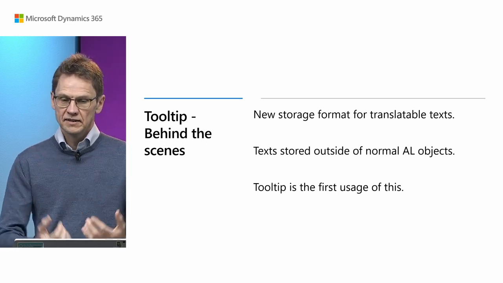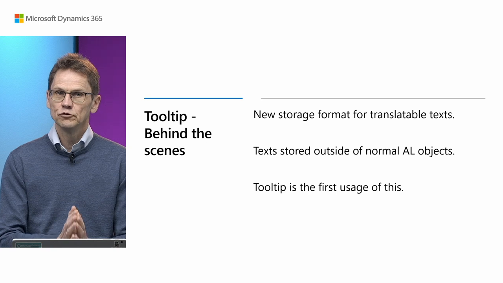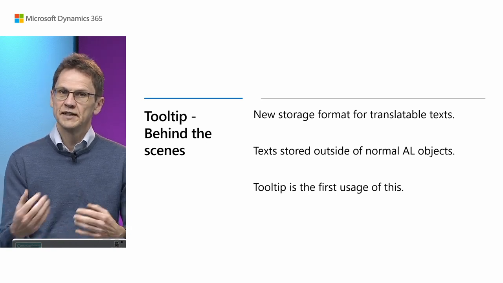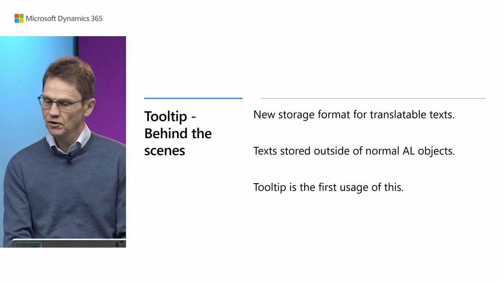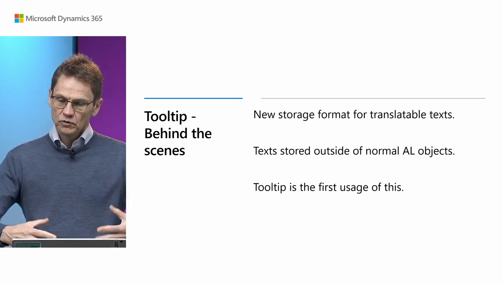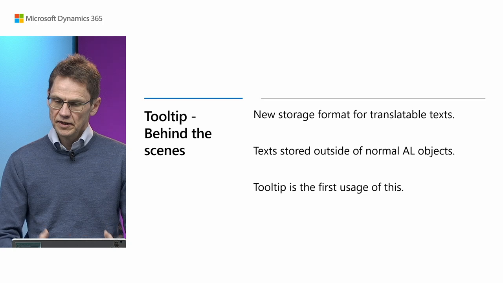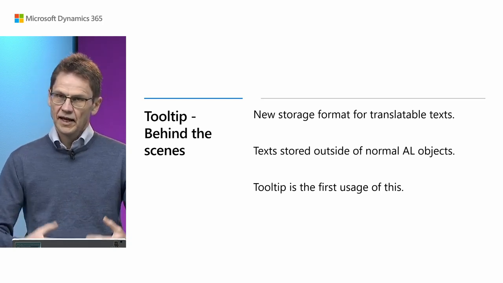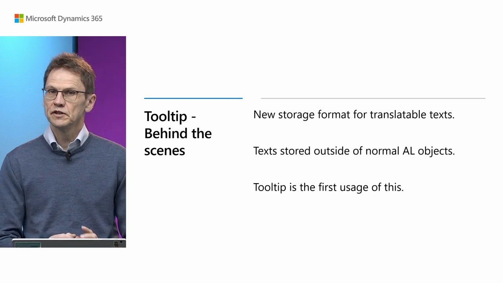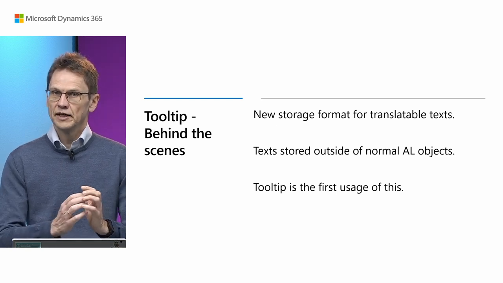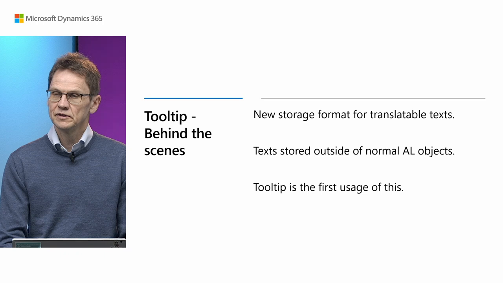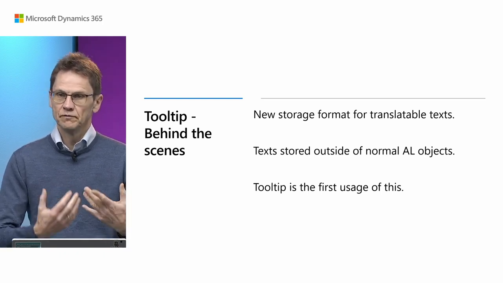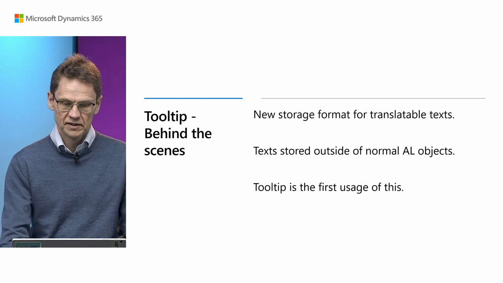We have added new system tables to store these translatable texts. Now you'll be providing those through XLIFF files or similar, and then we will take them and store them in particular tables rather than in the normal metadata table. Tooltip is the first usage of this, but we expect to expand this to also do captions, etc., because it allows us to cache more efficiently and avoid duplication of a number of these texts.